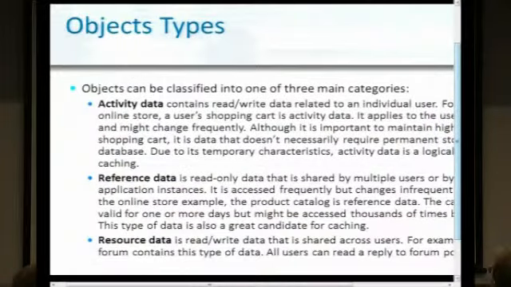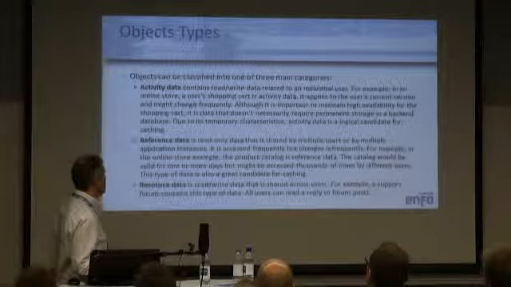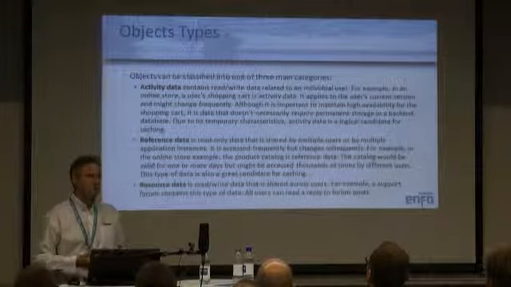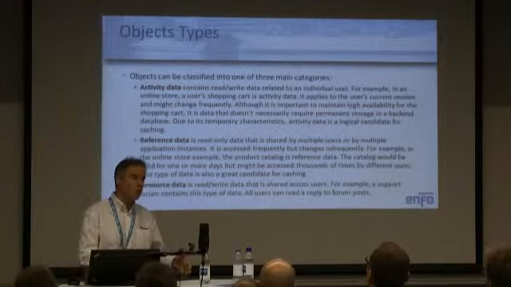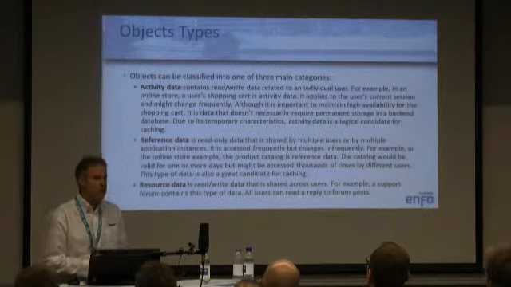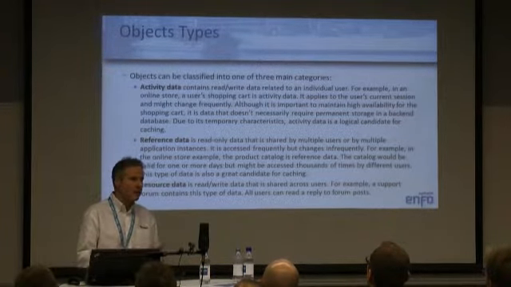The objects that you are using in an application can be classified into three main categories. The first one is called activity data, and typically contains read-write data which is related to individual users or sessions. So, for example, an ASP.NET session is activity data.